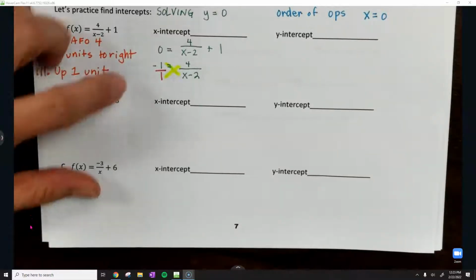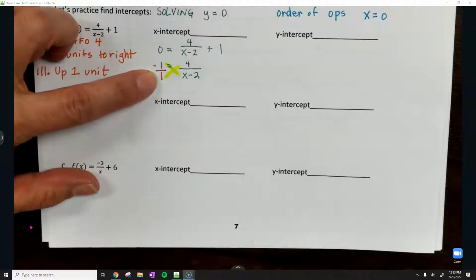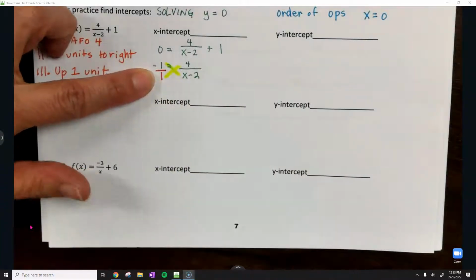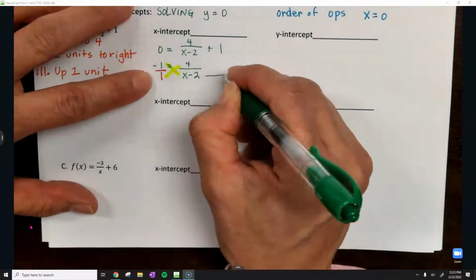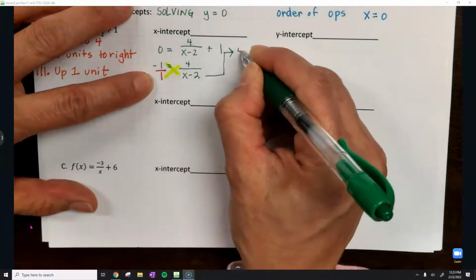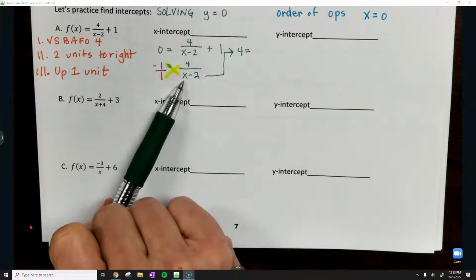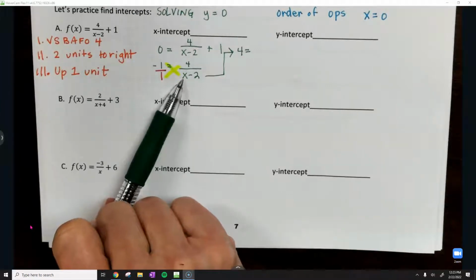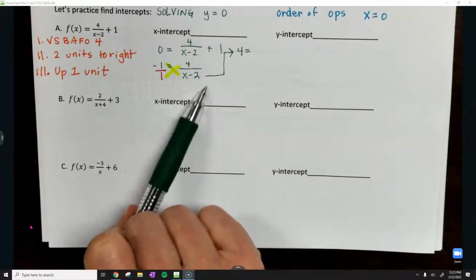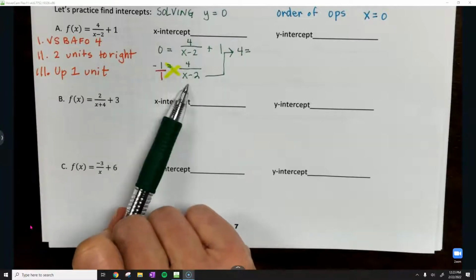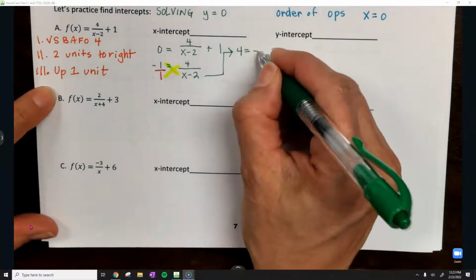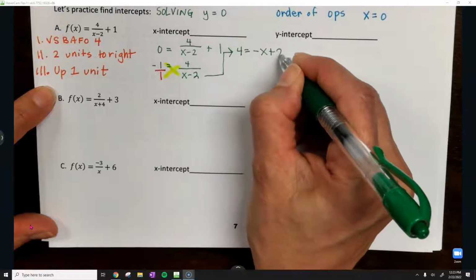So we are going to have a positive 1 times the 4, which of course is just a 4. I'm going to continue my work over here. And then this is going to be negative 1 times x minus 2. You guys don't forget that you have to change the sign for both of these. So when you distribute the negative, it is a negative x plus 2.